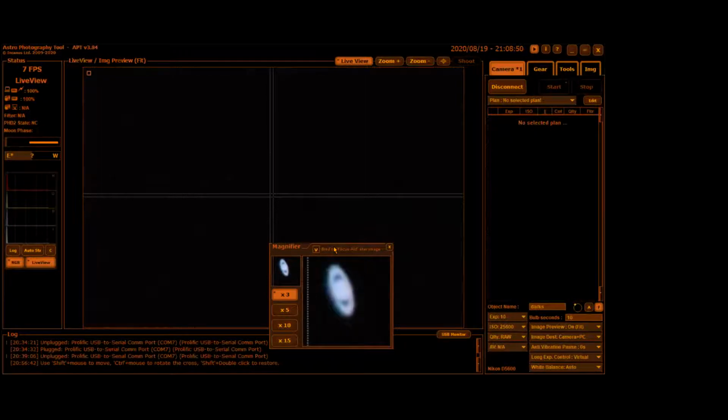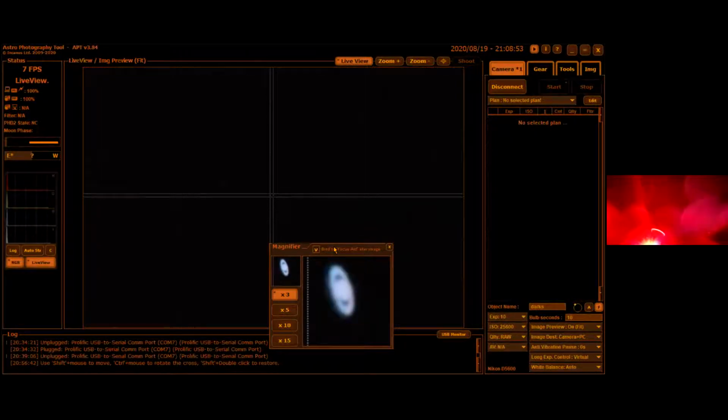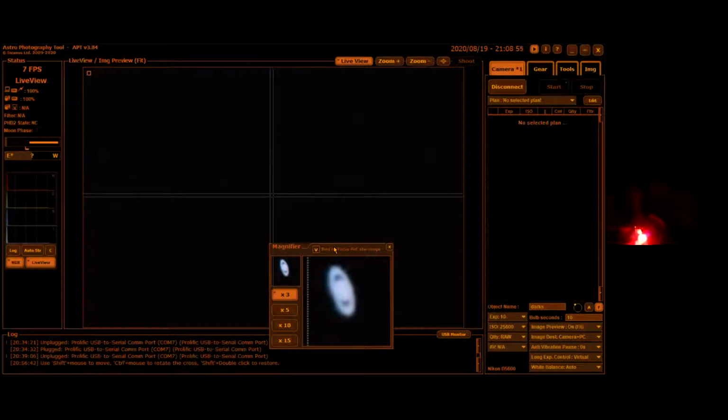Let's see, I'm trying to see if we can see any of its moons. Let me just hang on a second. Now, usually you can see Titan, right? Well, it just depends.